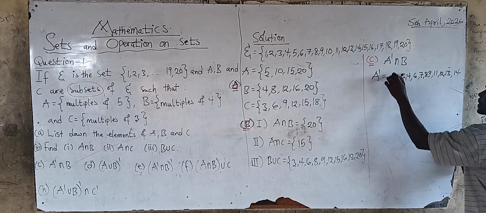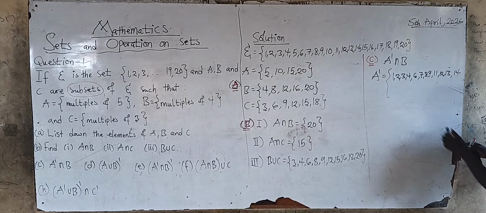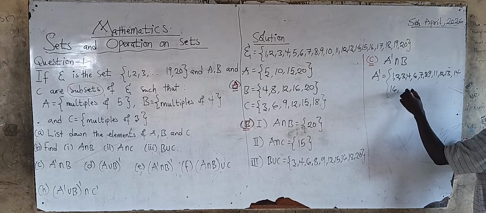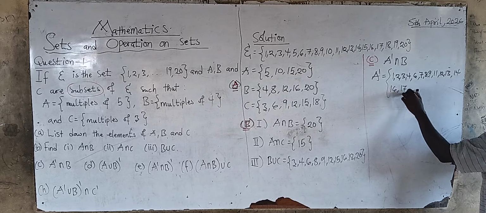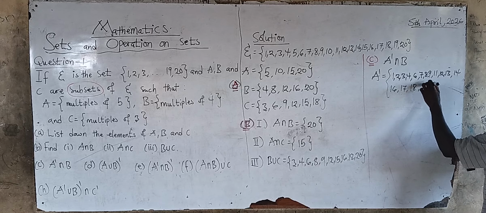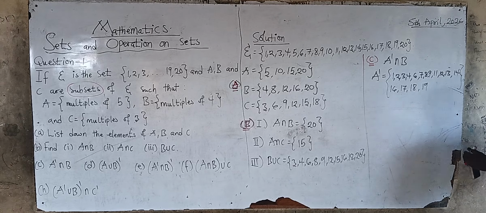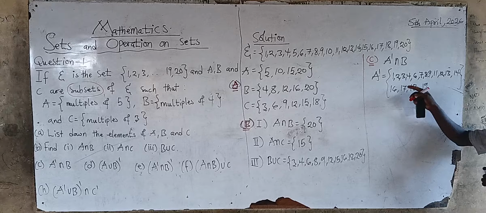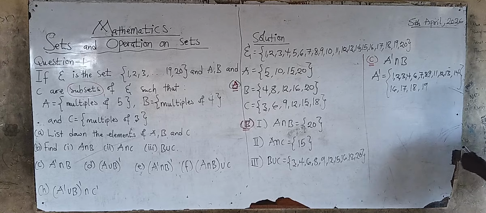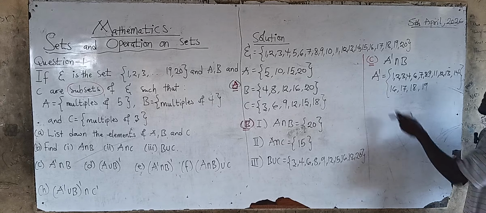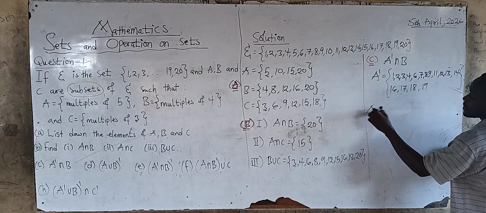Let me open this one up very big. I have 16, 17, 18, 19. So this then becomes the set of elements for the set A complement.